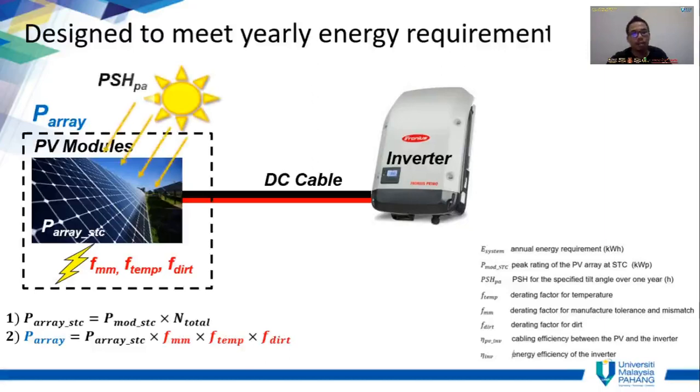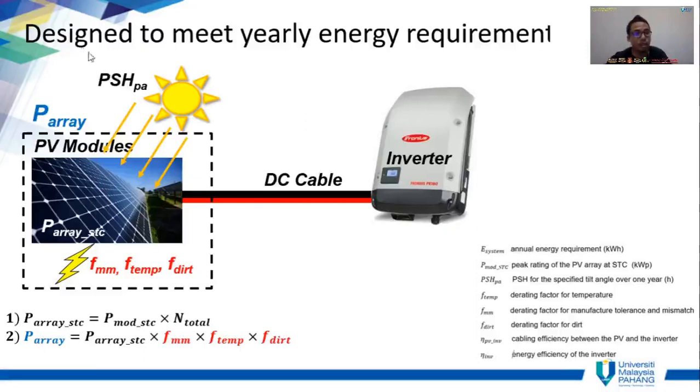In the third part, clearly this is the sun. It means the PV modules receive sunlight, or solar irradiation. So PSH PA, peak sun hours, where PA is per annum, is the PSH for the expected angle for 1 year. This is the value I mentioned in the previous slide: if in 1 day we get 4 hours, in a month we get 120 hours, and in a year, approximately, we get 1440 hours.